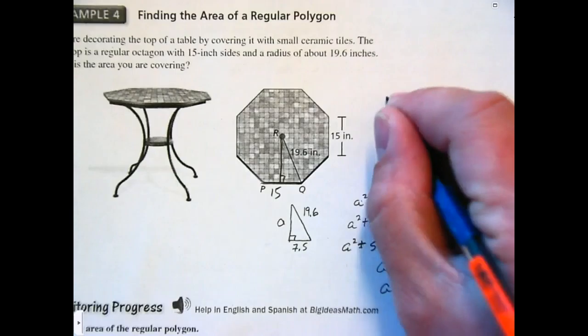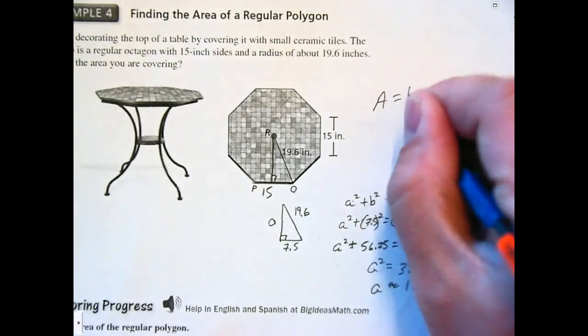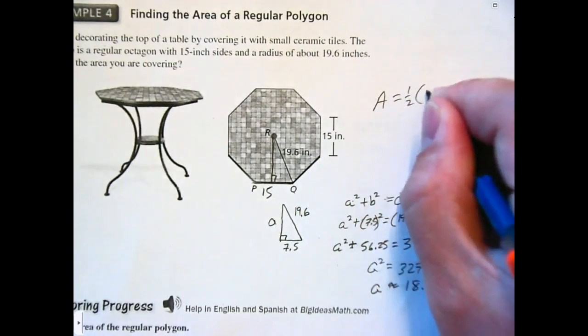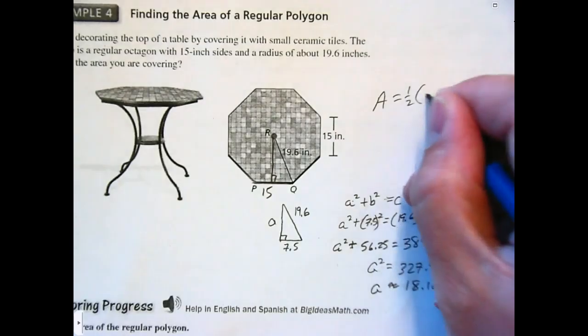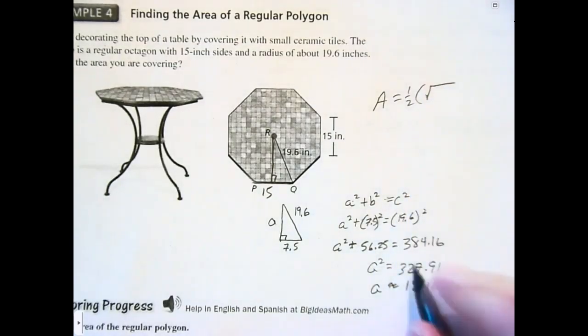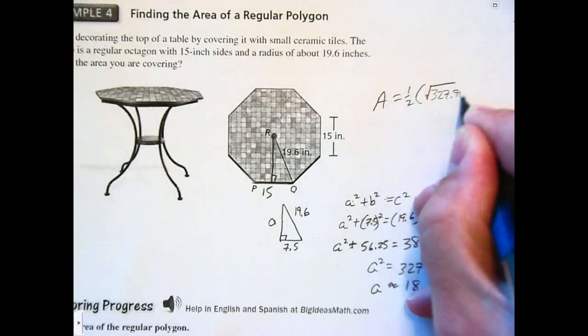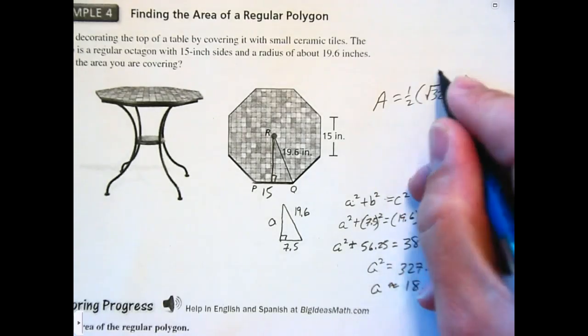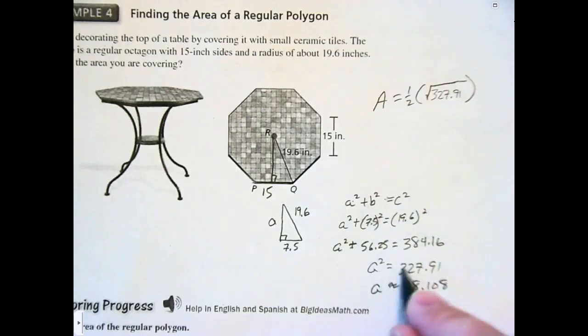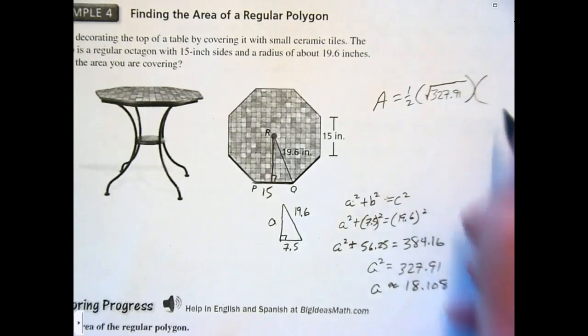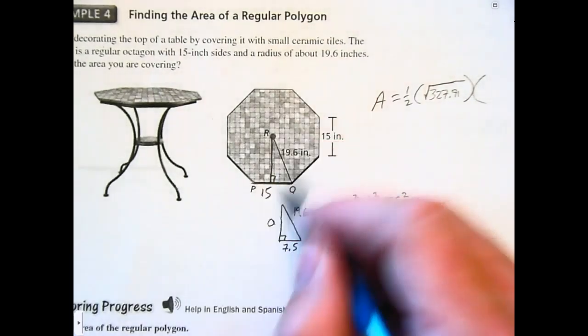So that's our apothem. So area equals 1/2. If you want to do an exact value here for apothem, you just do the root of 327.91. That's the actual exact value of our apothem. And then times the perimeter of 15 times 8.